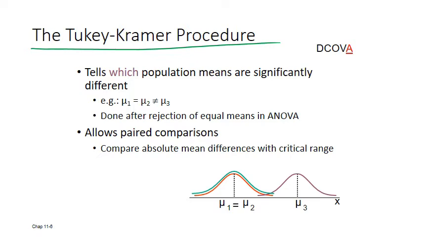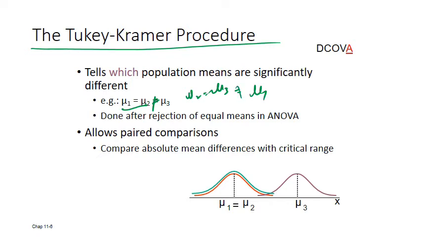When they are not equal, we reject H0 and apply the Tukey-Kramer procedure to analyze which of them is equal to the other. Like maybe mu1 equals mu2 but mu2 is not equal to mu3, or maybe mu2 equals mu3 but not mu1.